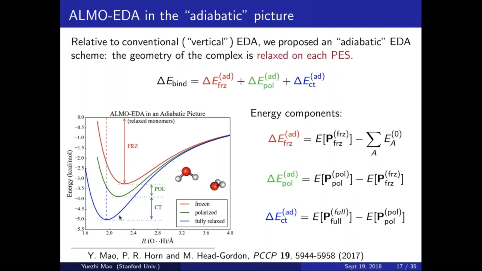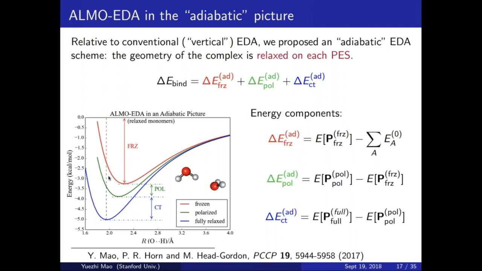But with the adiabatic EDA, we start from fully relaxed monomers, then we perform geometry optimization on the frozen surface, and then the energy lowering is defined as the adiabatic frozen term.